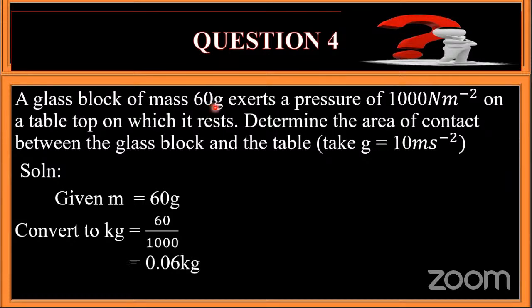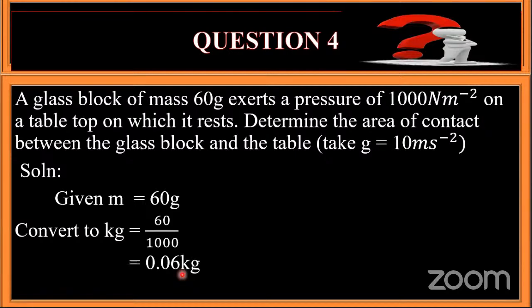But the mass should be in kilograms. Here it is in grams, so we first convert to kilograms. To convert to kilograms, we divide by 1,000. That's what we have done. You get 0.06. Is that fine, everyone?